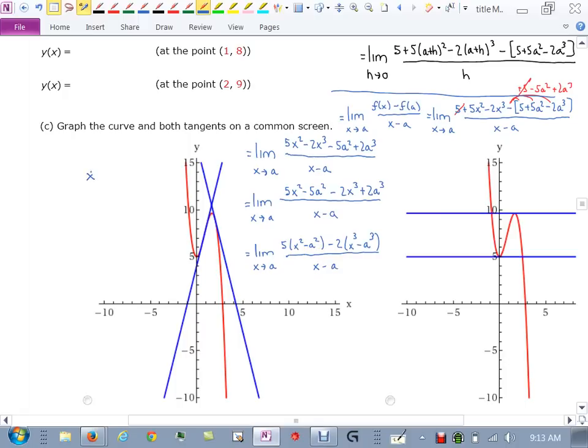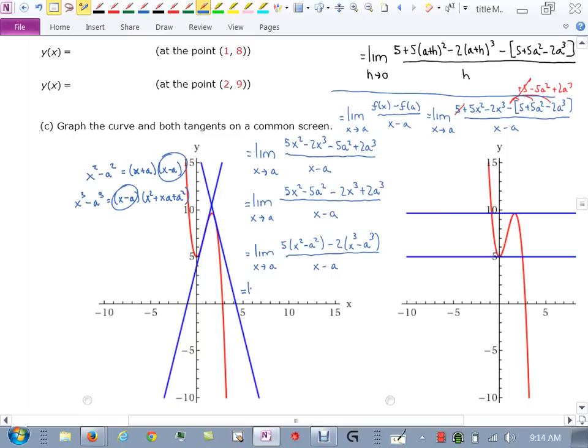Remember, x squared minus a squared is equal to x plus a times x minus a, and x cubed minus a cubed is x minus a times x squared plus x times a plus a squared. These are formulas from college algebra. And notice each one of them has the x minus a that I have in the denominator that I'm going to need to cancel.